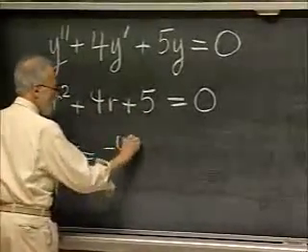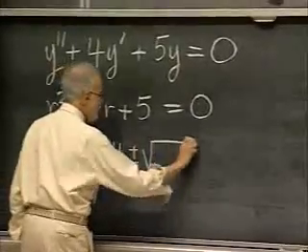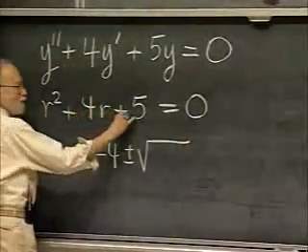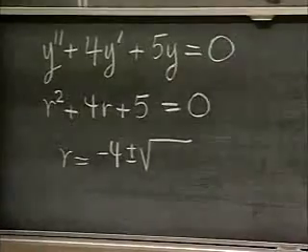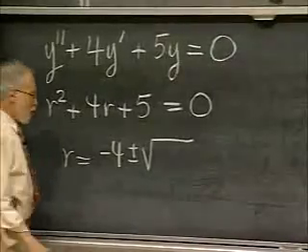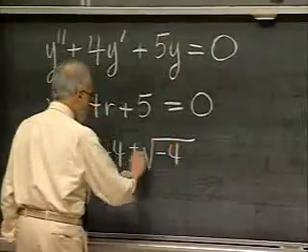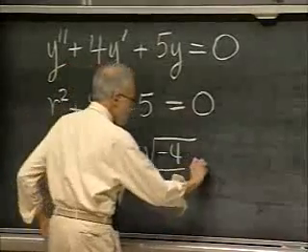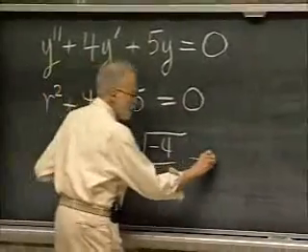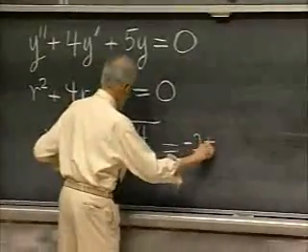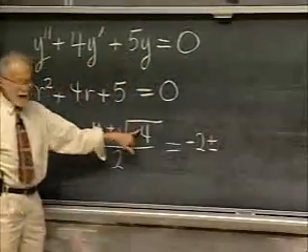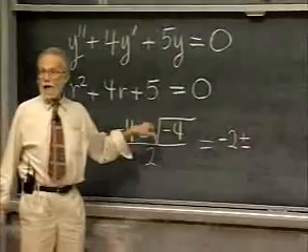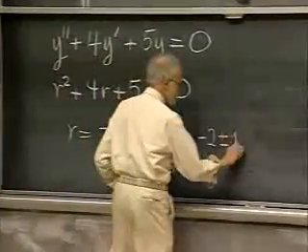Minus 4 plus or minus the square root of 16 minus 4 times 5. 16 minus 20 is negative 4, all over 2, and therefore that makes negative 2 plus or minus, the square root of negative 4 is 2i, divided by 2, which is i.